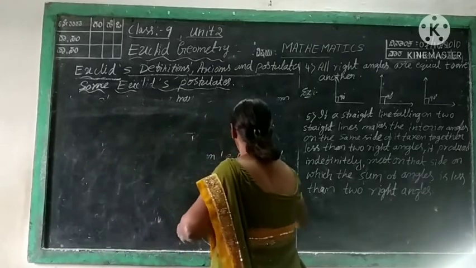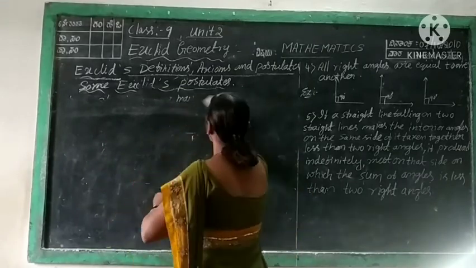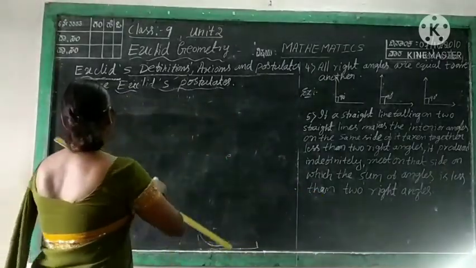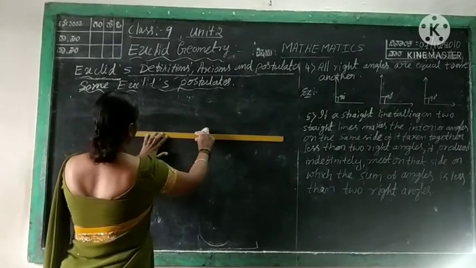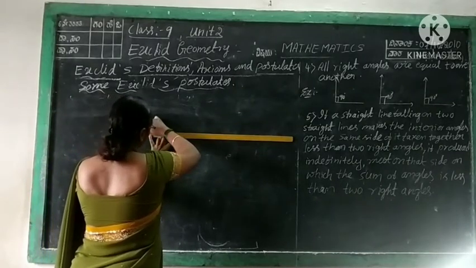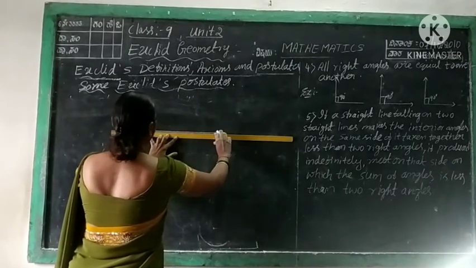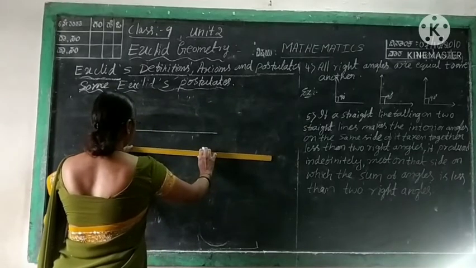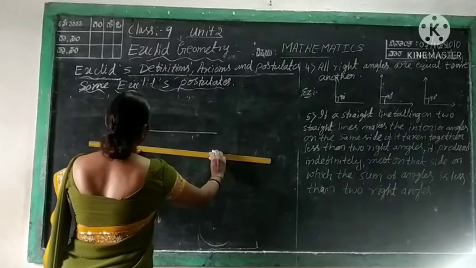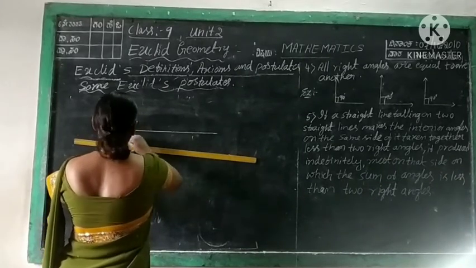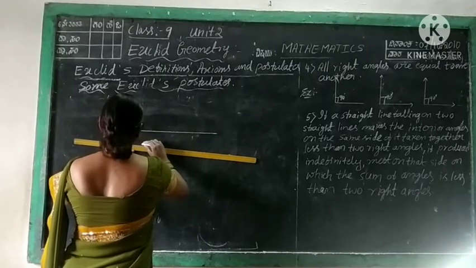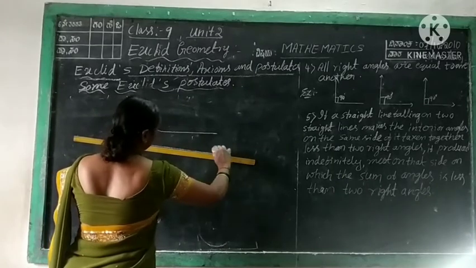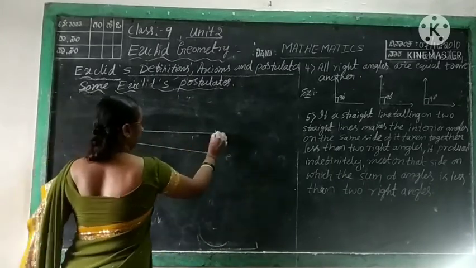If two lines are there, its meaning is two straight lines are there, PQ and RS.